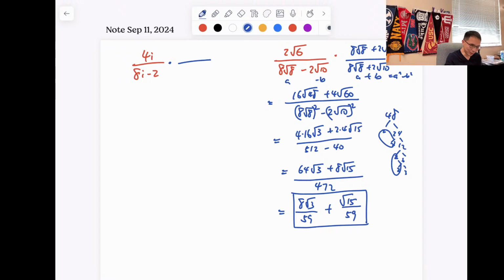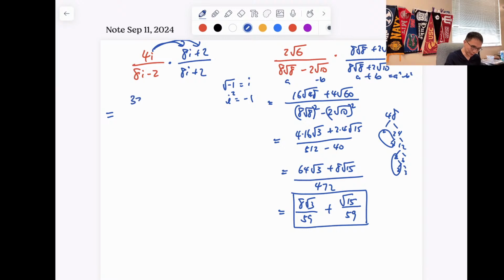So this one I'm going to multiply by 8i plus 2 and 8i plus 2. First thing I need to understand is square root of negative 1 is i, and i squared is negative 1. Those are the two things you need to understand. On the top, I'm going to distribute this and distribute this.